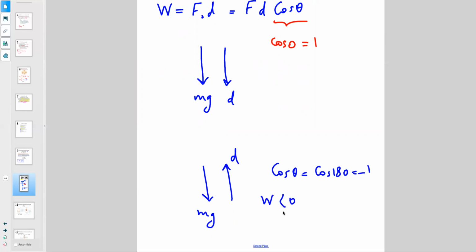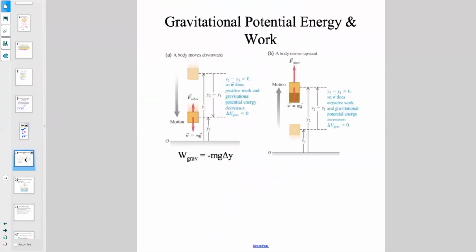Okay, so keep that in mind. If you are finding the gravitational potential energy work, if the ball or the object is moving down, your work is positive. If it's going up, your work is negative. Right? So gravitational potential energy is work.